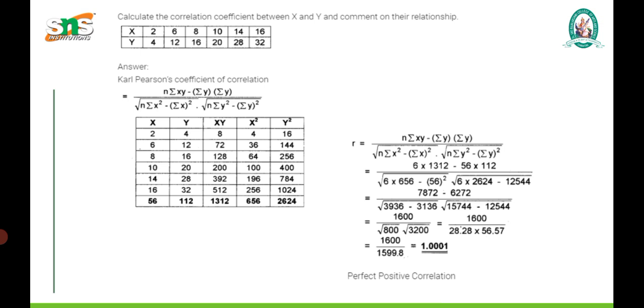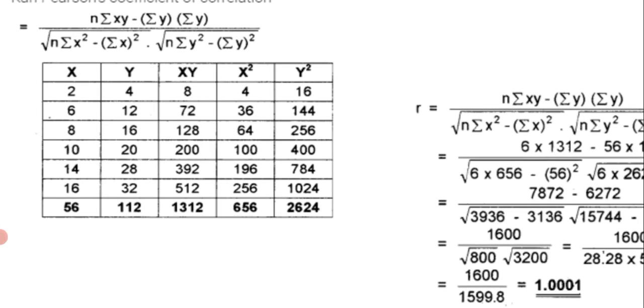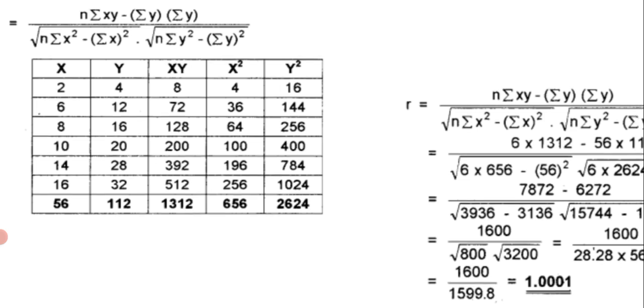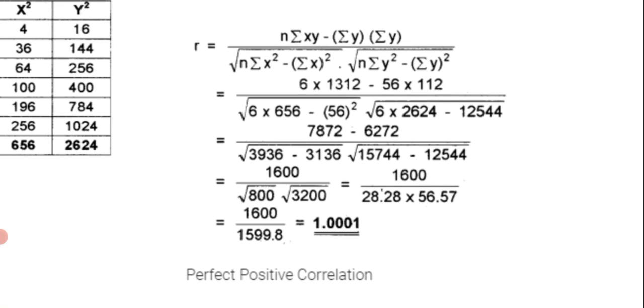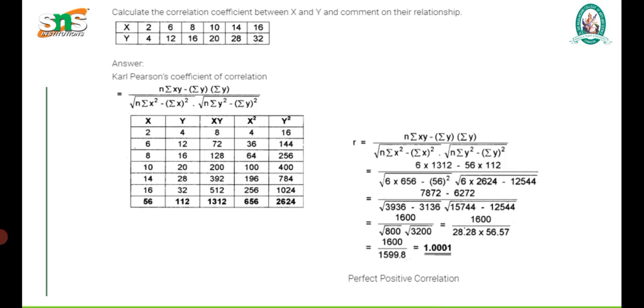For using this formula, I have calculated my xy value, x squared value and y squared value in table format, and the final summations are given in bold letters at the end of the table. Now I am applying those values in the formula. n is 6 because we have only 6 values in both x and y.